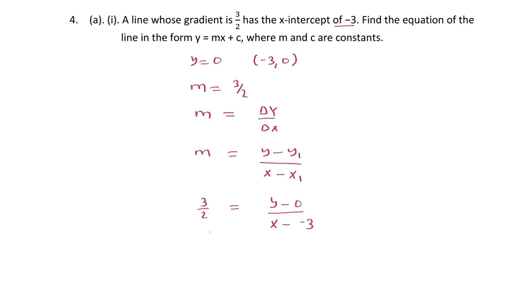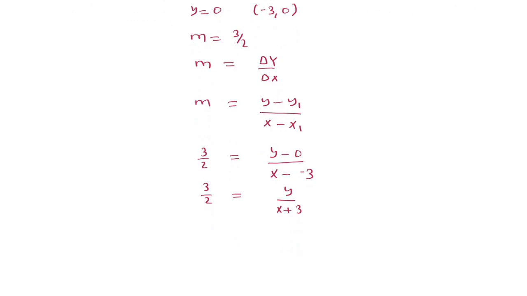Our equation is going to be 3 over 2 equals y over x plus 3. Okay, so let us now make y the subject. Our equation is going to be y equals 3 over 2 x plus 9 over 2. And this is the equation required.